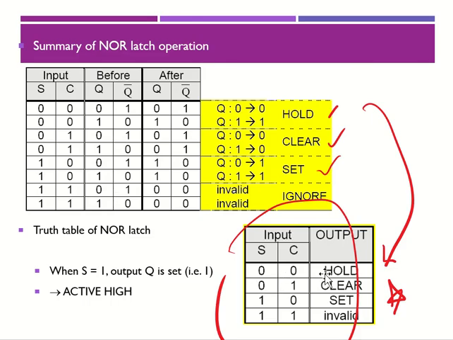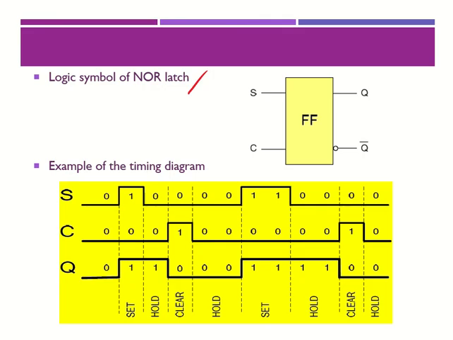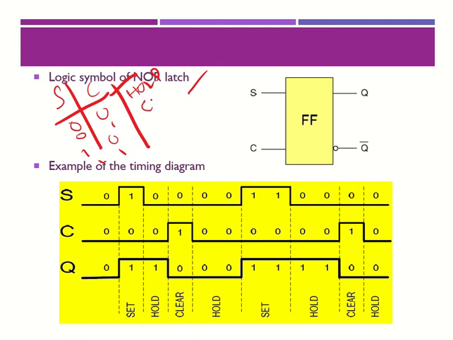So 0 0 is hold, 0 1 is clear, 1 0 is set, and 1 1 is invalid. So just quickly, you're going to have SC 0 0, 0 1, 1 0, 1 1. So 0 0 is going to have a hold, 0 1 is going to have a clear, 1 0 is set, and 1 1 is going to be invalid.